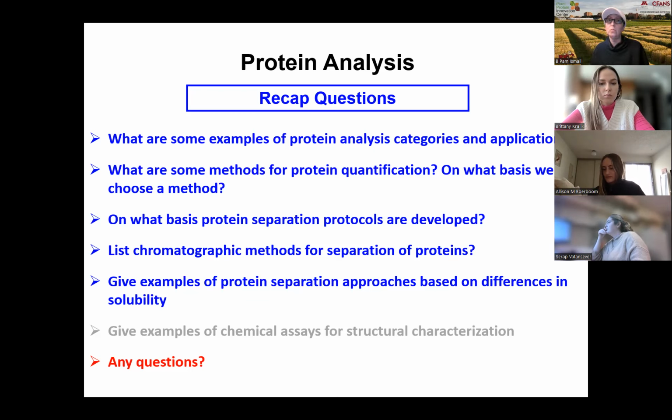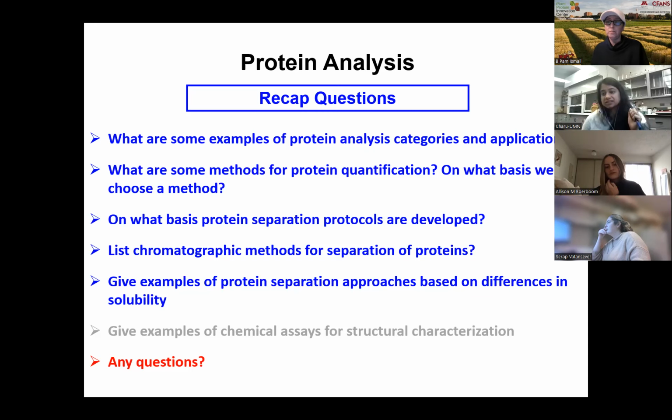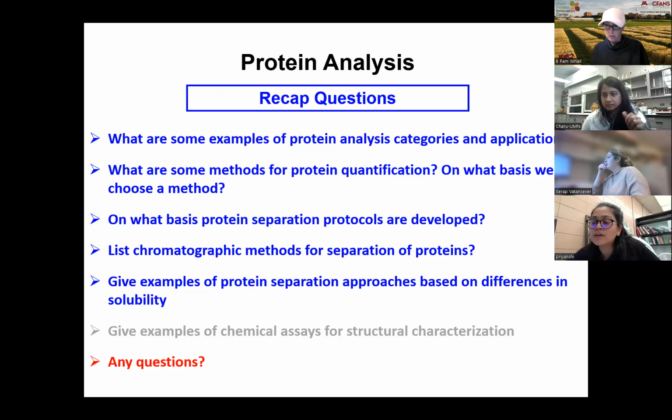If I want to use BCA, what about the sample? If we have standards and it is non-reducing. It has to be pure in BCA. Yes, so both Charu and Priyanshi are correct. So it has to be almost pure and in solution in order for us to use a BCA or Bradford or any other, or UV at 280.